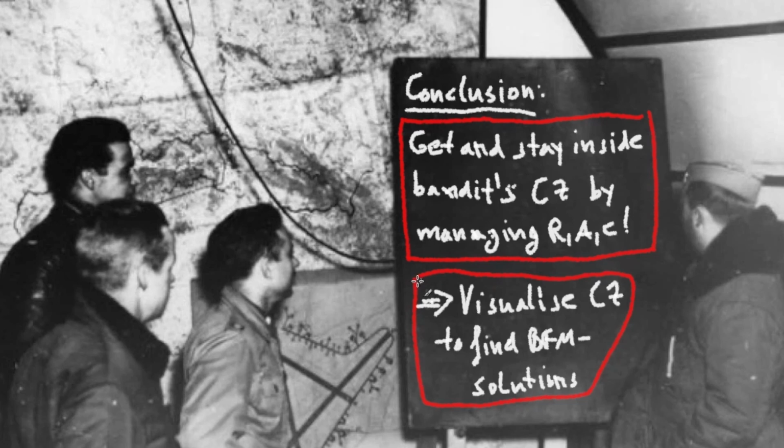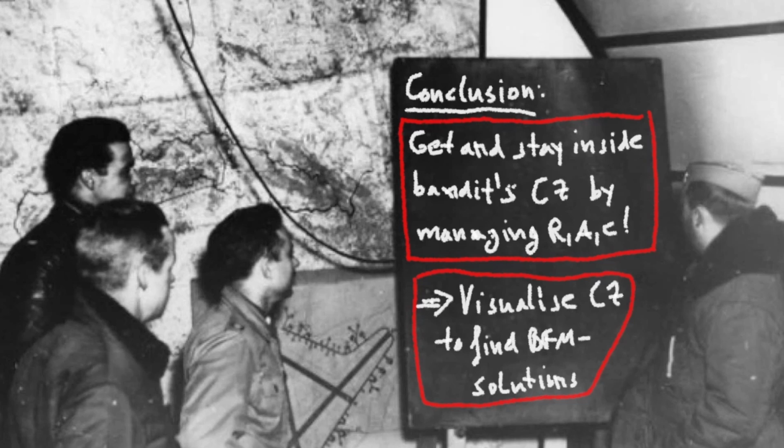Okay? And to be able to do that, you should learn to visualize the control zone behind your opponent, because that will allow you to find solutions to the BFM problems. If you can visualize mentally where the control zone is, you can maneuver such that you stay inside that control zone, whatever he does.